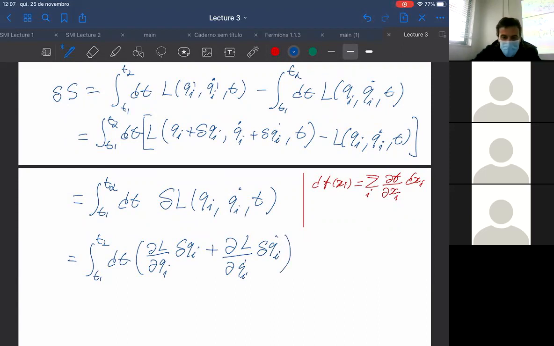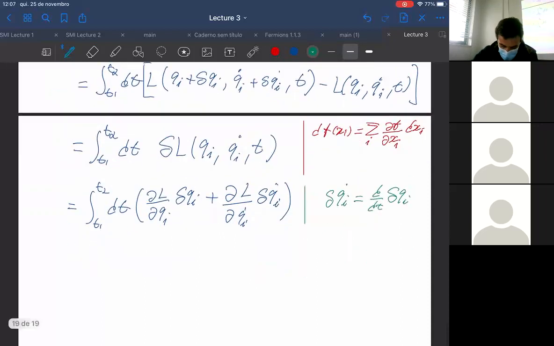Now recall also that delta q_i dot is d/dt of delta q_i. So you can basically use integration by parts.